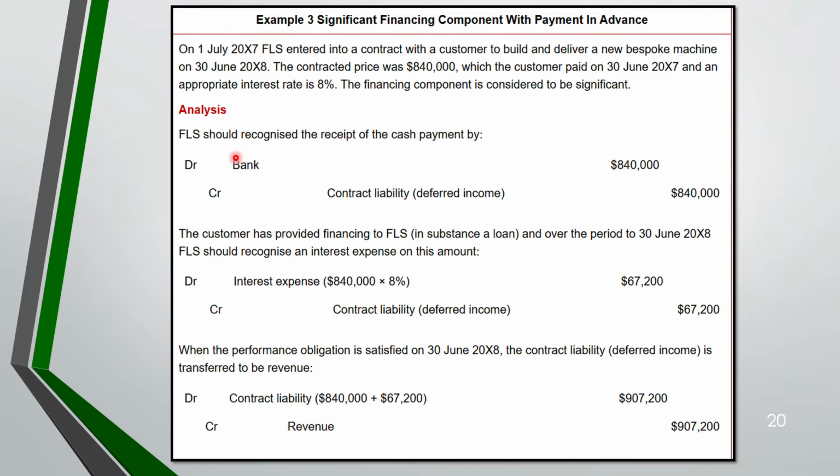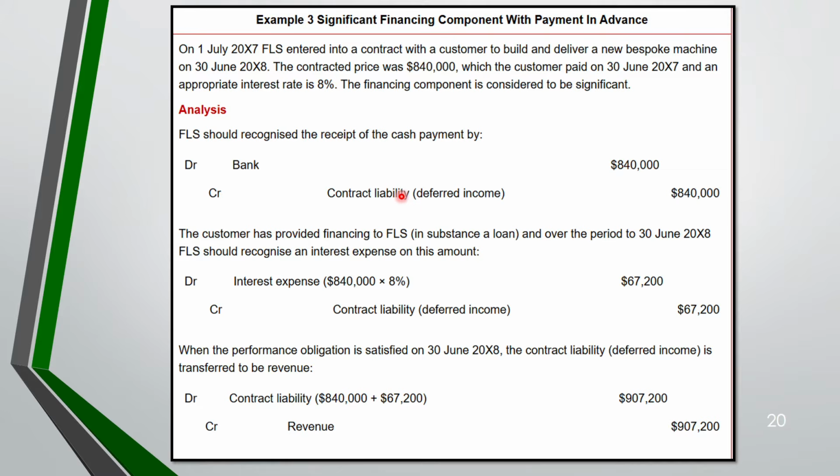They should recognize the receipt of the cash payment. They are receiving cash now. So of course, debit bank or cash, and credit deferred income, or you can say contract liability. You are receiving in advance, so you have to pay back. Still, it's a liability for you.